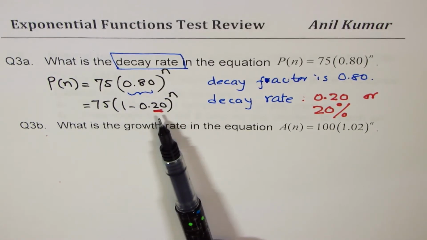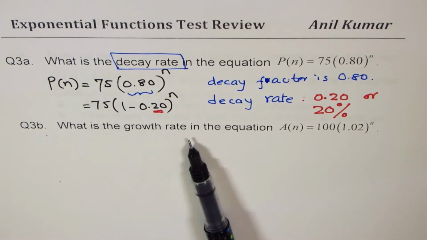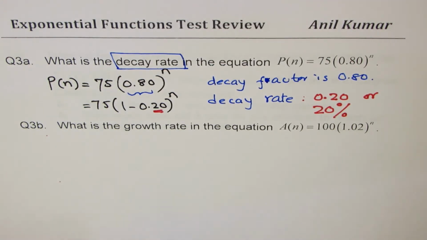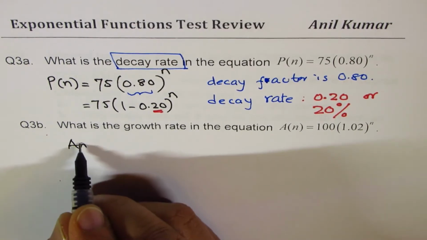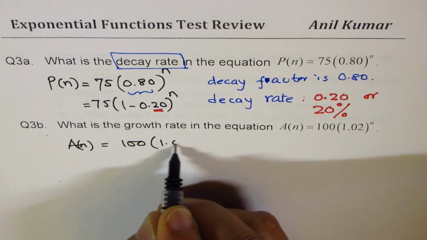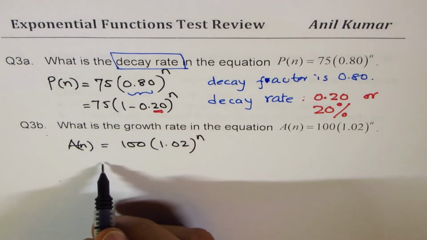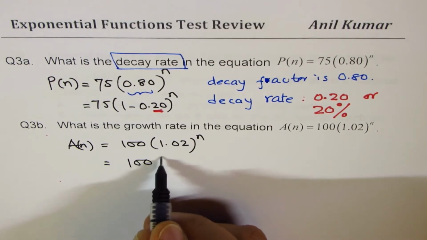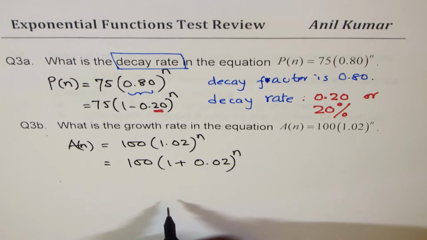Now with this concept, I'd like you to answer 3b, which is: what is the growth rate in the equation a of n equals 100 times 1.02 to the power of n? Following the concept just learned, we could write this as 1 plus 0.02 to the power of n.